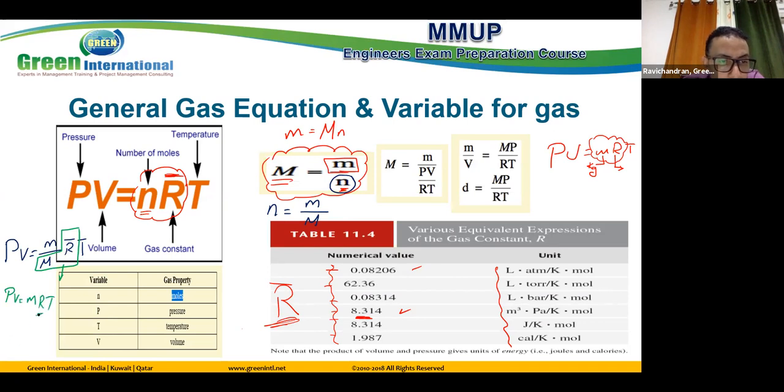So this R, the gas constant for a specific gas, comes from R = R bar / M. It means the universal gas constant divided by the molar mass of each gas used.